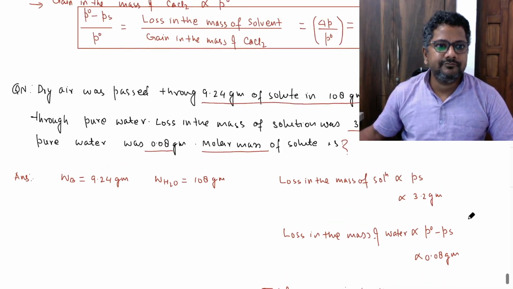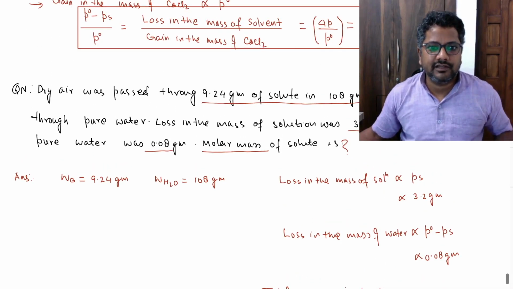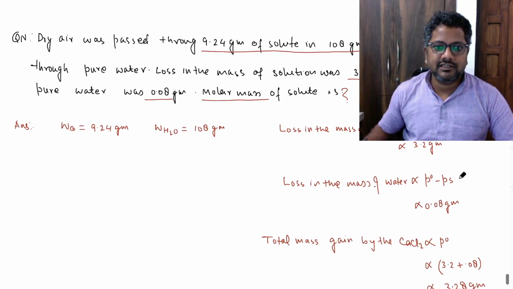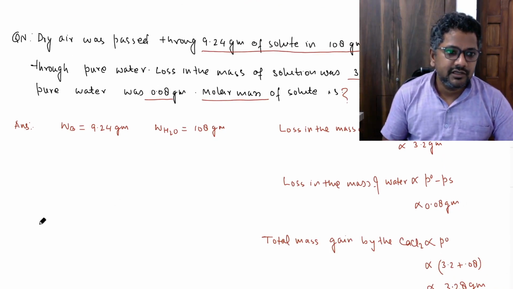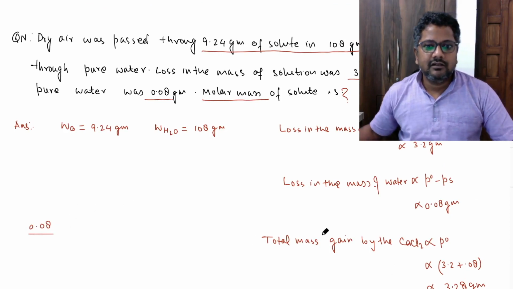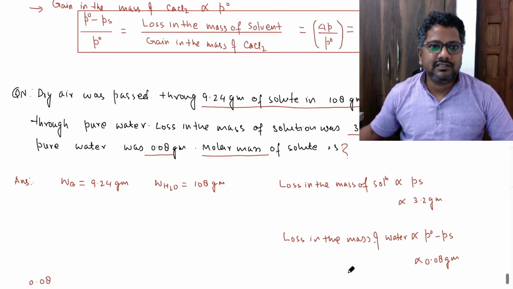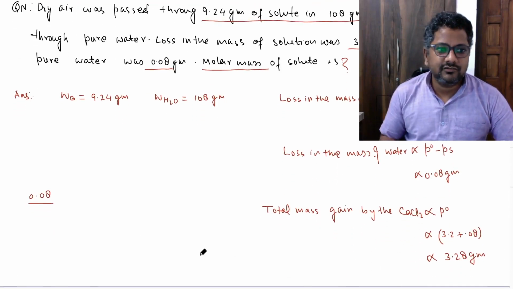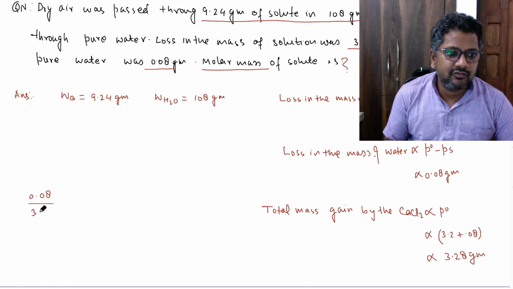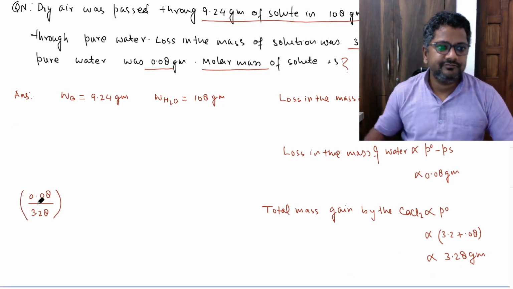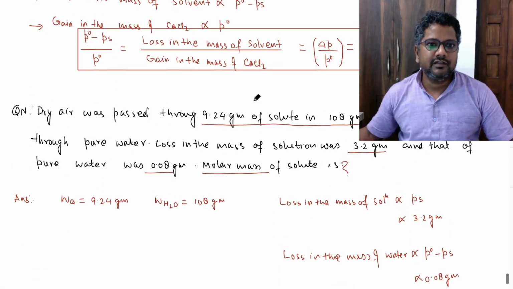Now see, loss in the mass of solvent is 0.08, divided by the total gain in the mass of CaCl2, which is 3.28. So this is the relative lowering in vapor pressure, and this is equal to XB.